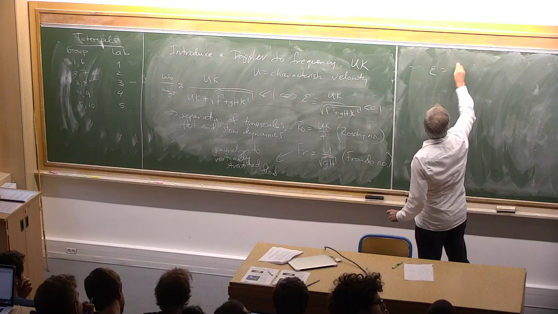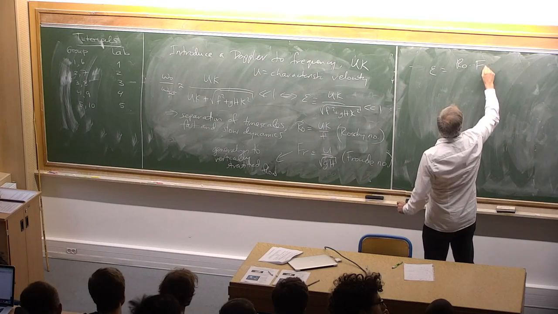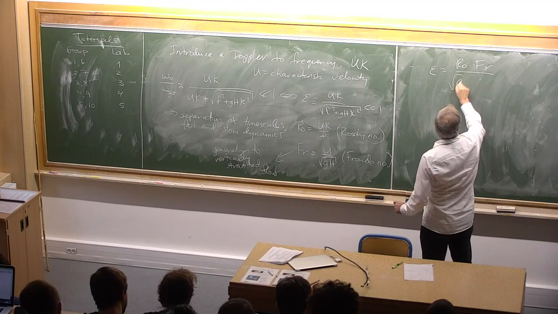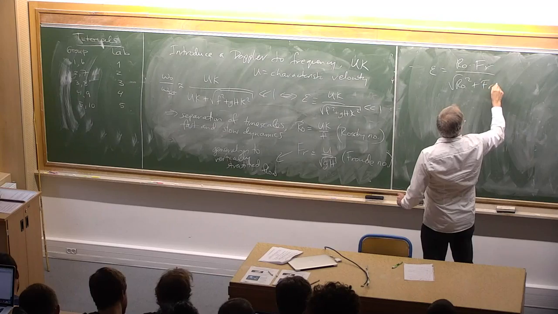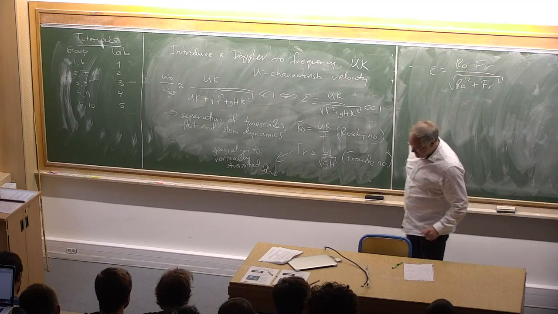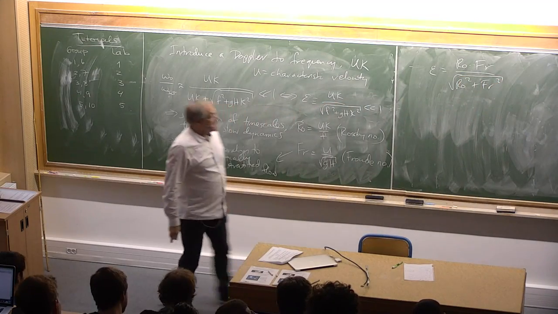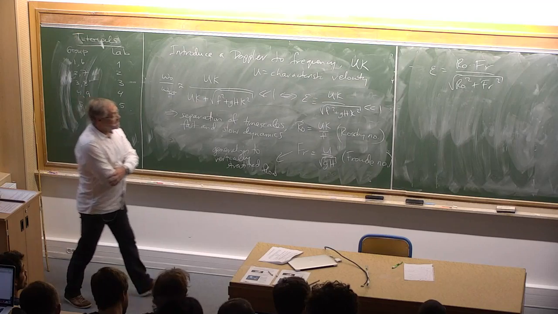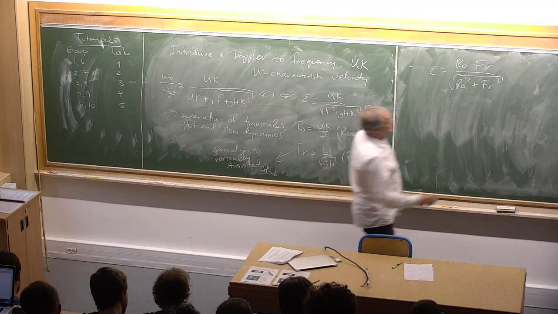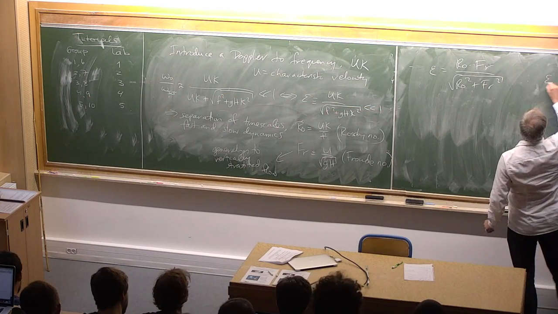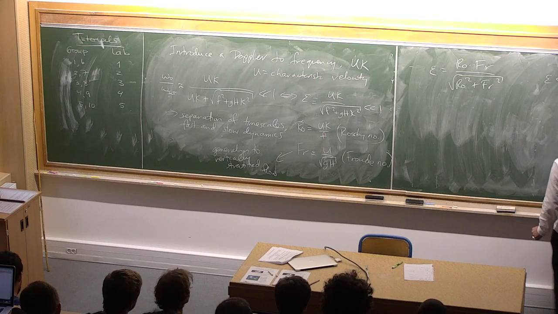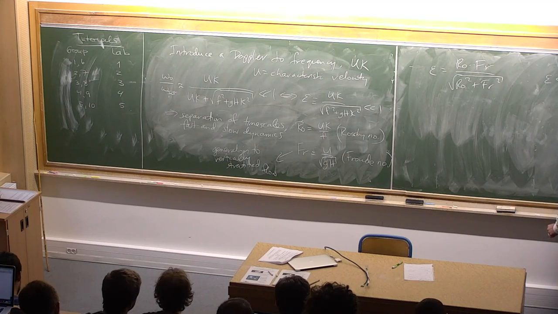So it turns out that epsilon is Rossby times Froude over the square root of Rossby squared plus Froude squared, which is a nice symmetric expression. And the interesting thing about this is that epsilon is small if either the Rossby number is small or the Froude number is small, even if the other one blows up.